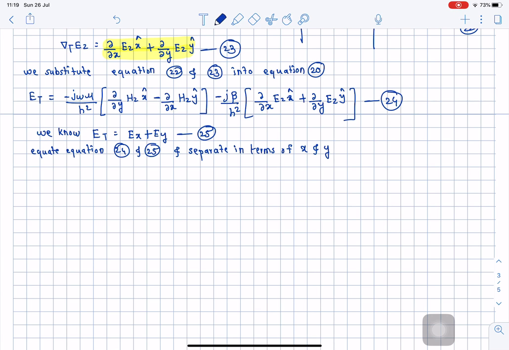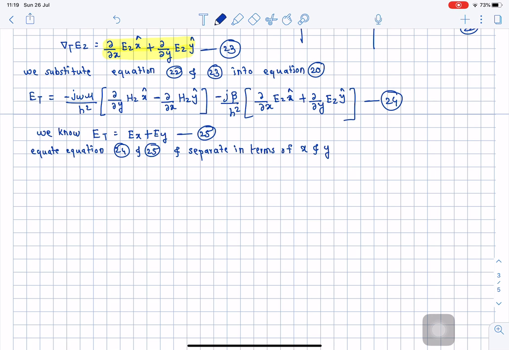Equation number 24 and 25 are the same. We will equate them and separate the equation in terms of x and in terms of y. When you do that, you will get the equation for Ex and the equation for Ey separately. So here I will do that.